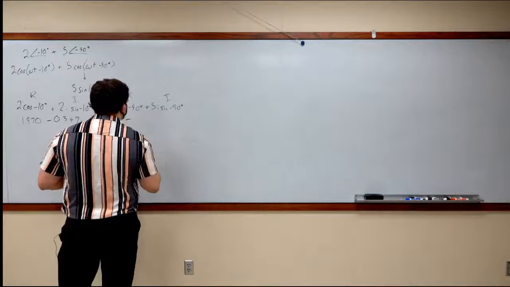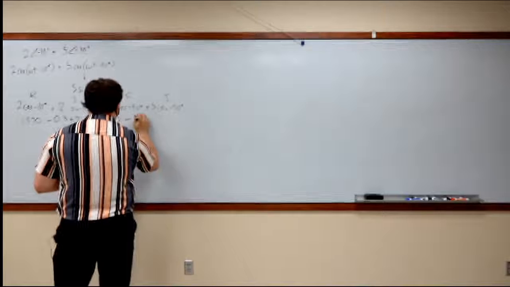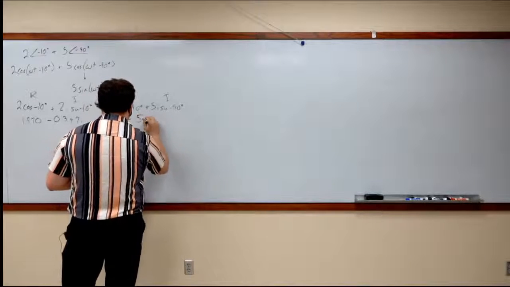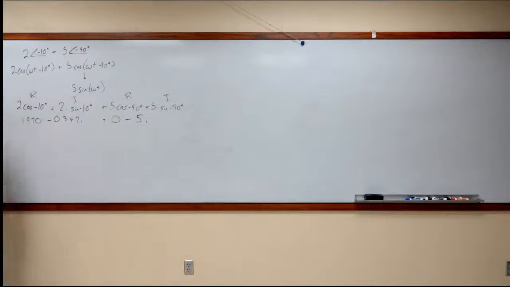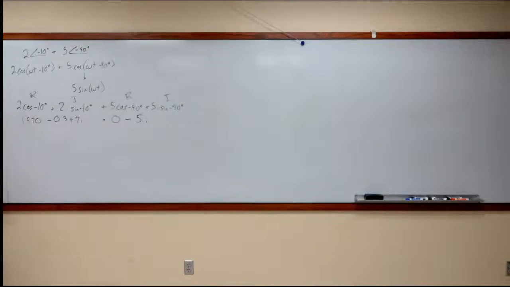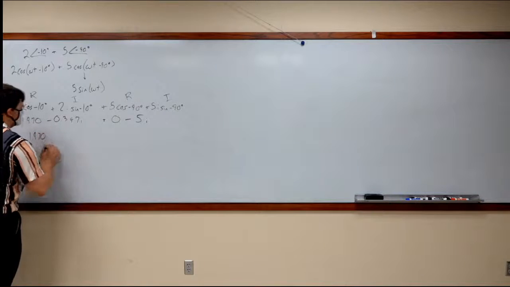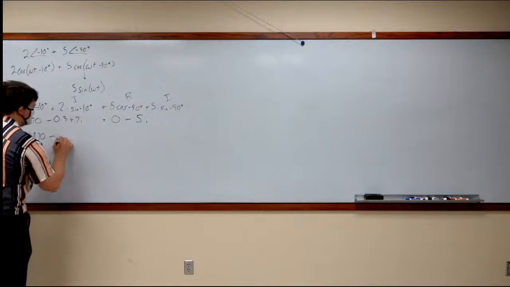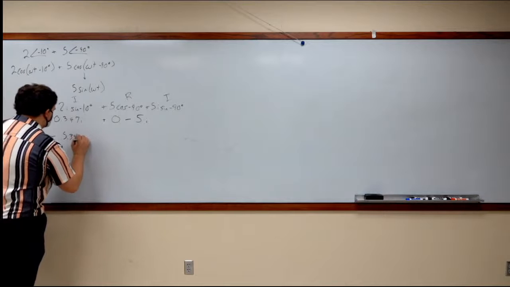And then this becomes minus 5i. And then we just add them up. You add the reals, dink, dink. You add the imaginaries, and we go from there. So this becomes 1.970 minus 5.347i.